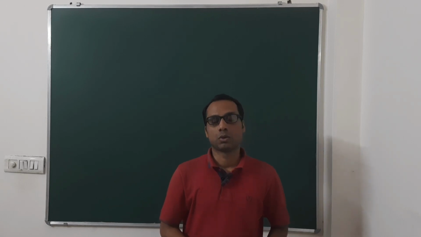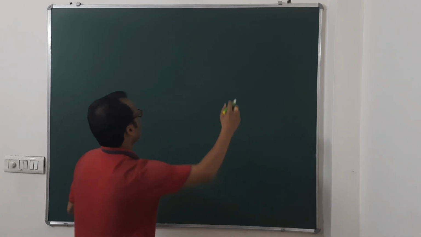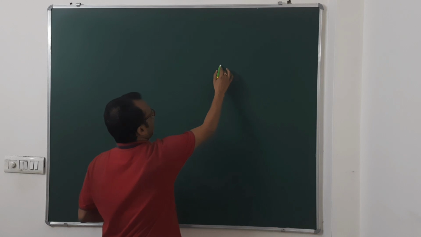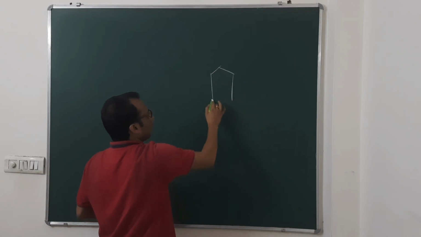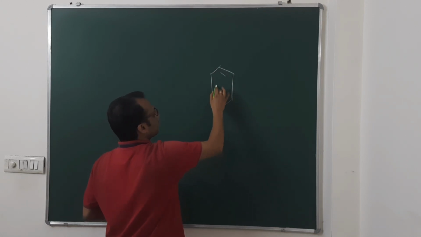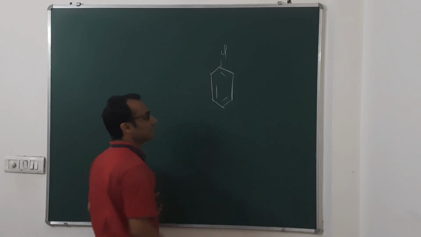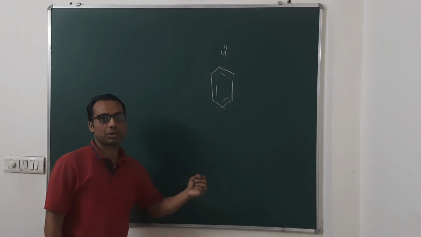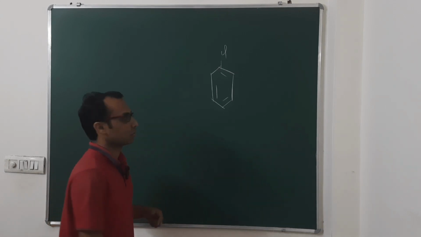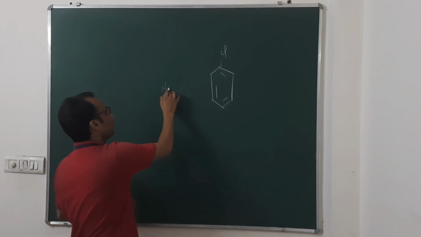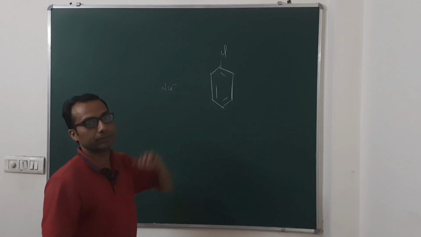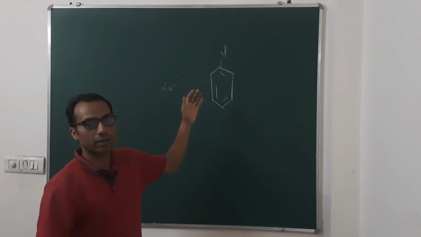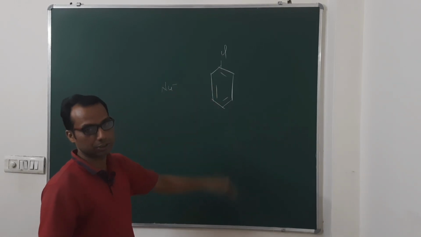So see here, we have chlorobenzene, and chlorobenzene is not easily involved in nucleophilic substitution reactions. Suppose we want any nucleophile to attack the chlorobenzene, then the reaction is not easily possible at normal conditions.